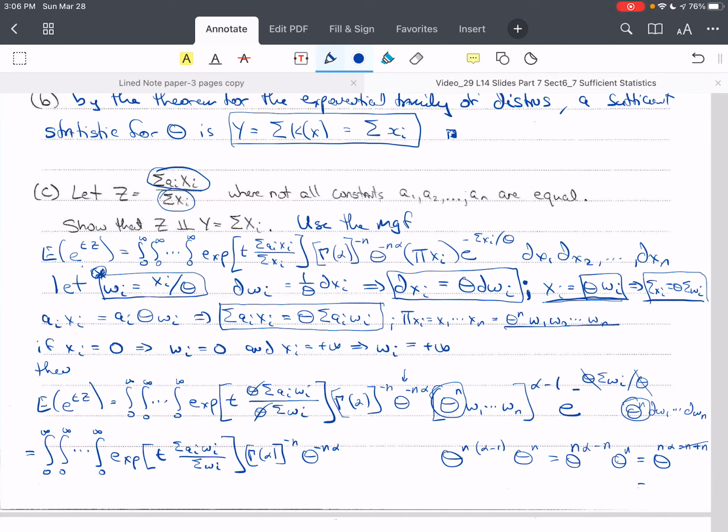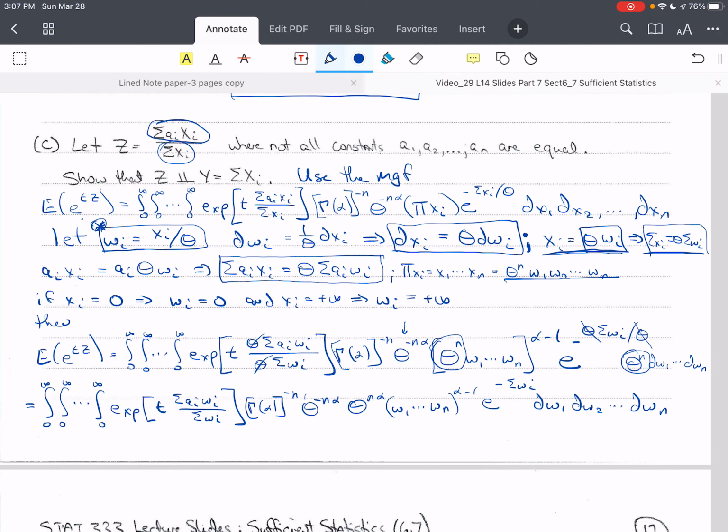So those cancel, is theta to the n alpha. And so I have theta to the n alpha, and then I have w1, w2 up to wn to the alpha minus 1, e to the negative sum of wi, and then I have dw1, dw2 up to dwn.